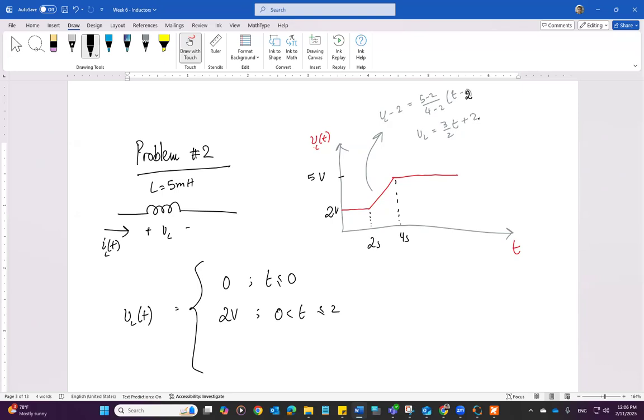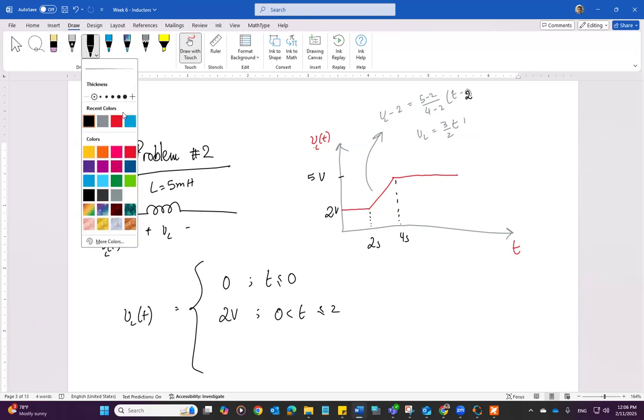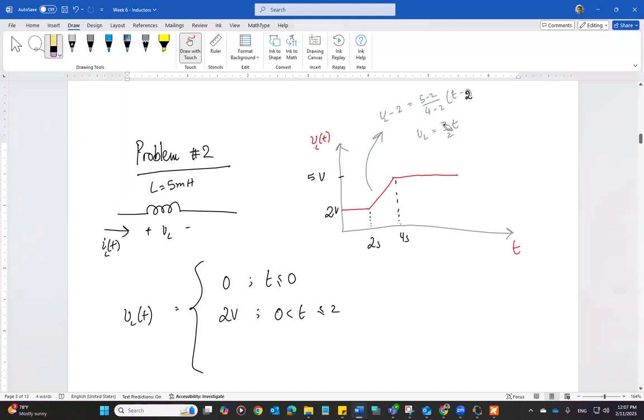So that's going to become 3 by 2 times 2, so negative 3. And negative 3 plus 2. So we're going to have 3 by 2 T minus 1.